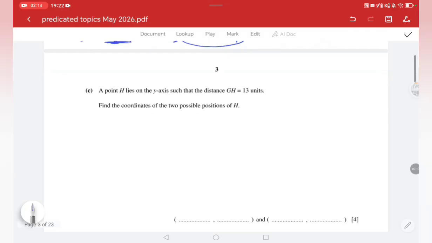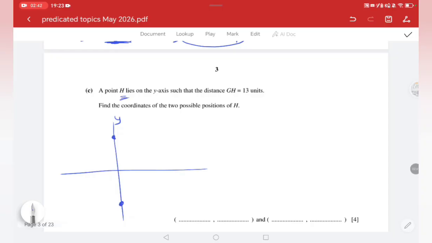Question C. A point H lies on the y-axis. So if I have the y-axis like this, we have a point on the y-axis such that the distance GH is 13. So this H, maybe it's here, maybe it's there.